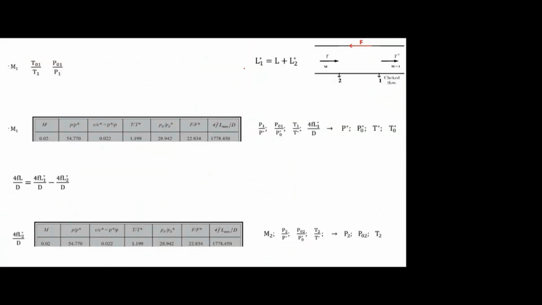So mostly they will give M1, P1, T1, the length, the diameter, and the friction coefficient f. These parameters they will give. Once you know M1, your first step should be referring to the isentropic table and finding these two ratios. As you know M1, P1, you can find T01, P01. Then second step, for the same M1, you go to the Fanno table.